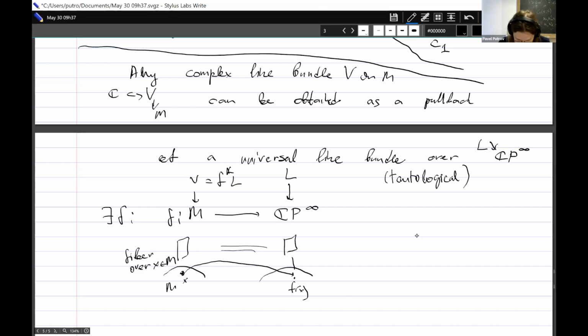And on the other hand, there's a notion of pullback for cohomology.